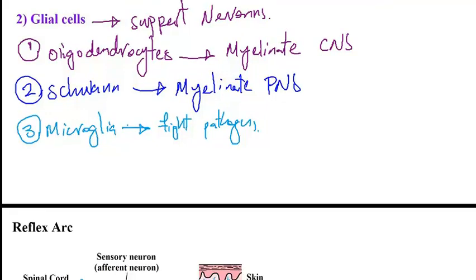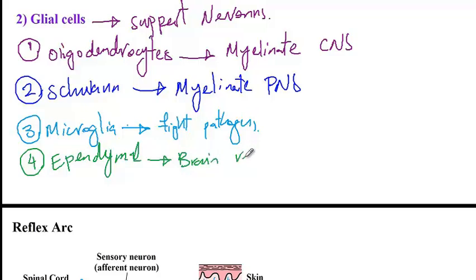The next type of cells are ependymal cells, which line the brain ventricles, and their function is to produce cerebrospinal fluid, which acts as a shock absorber.